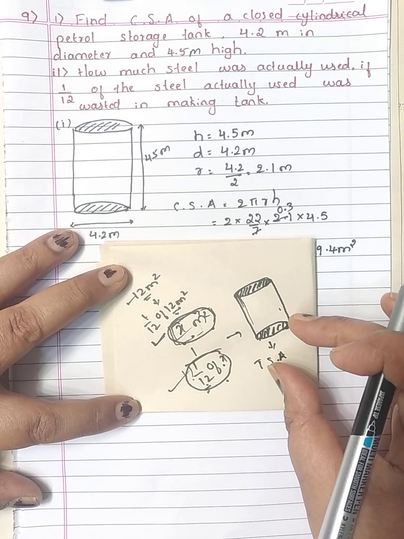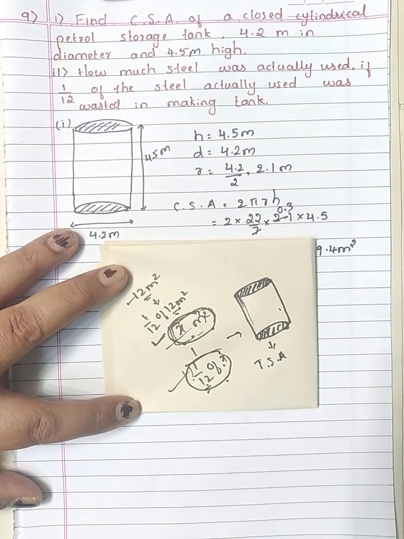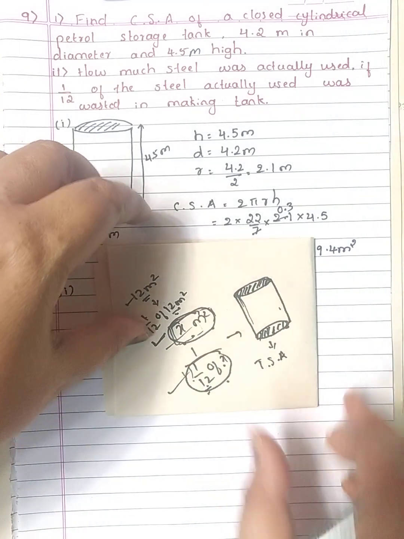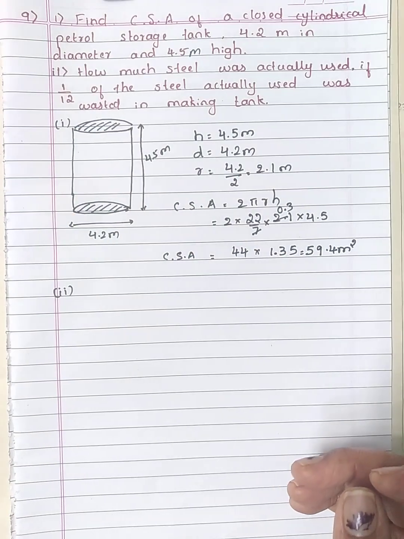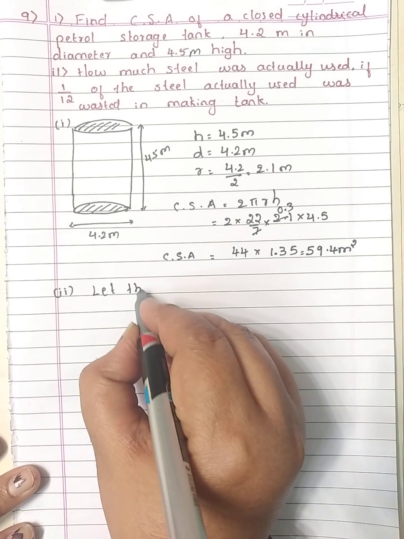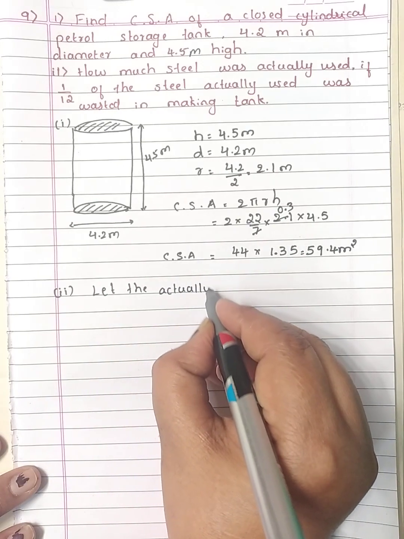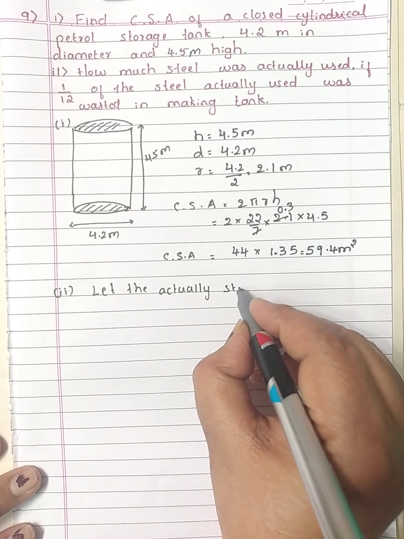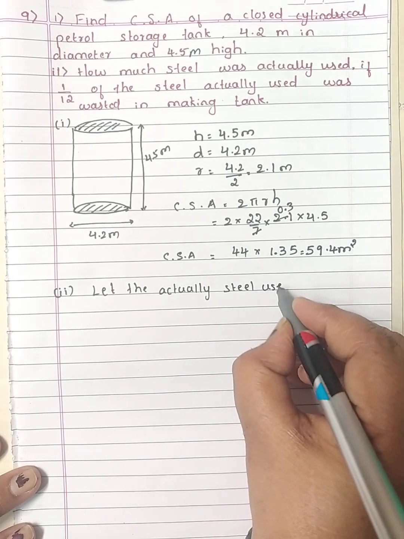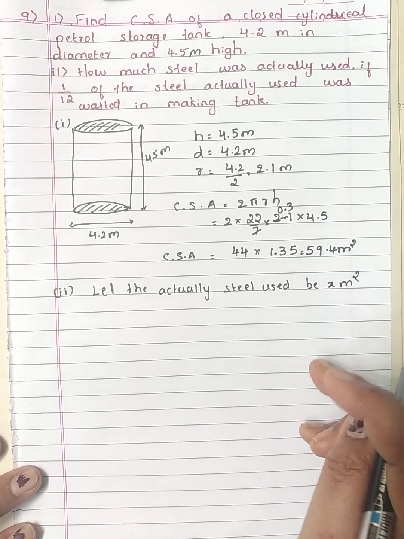If we find out the total surface area, we will get the actual steel used. We will write this here. Let the actual steel used be X meter square.